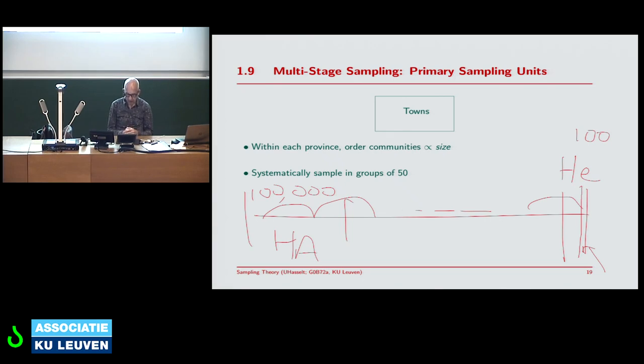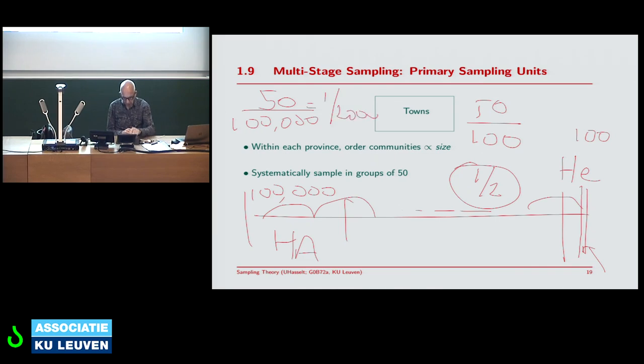But then, if I select Hasselt, let's take a group in Hasselt, I would have 50 out of 100,000 people that I'm selecting. In Herstappe, 50 out of 100. So that is, if I'm not mistaken, 1 per 2. This is 1 per 2,000. So the selection probability of Hasselt is 1,000 times bigger. The selection probability of an individual within Hasselt, once selected, is 1,000 times smaller.